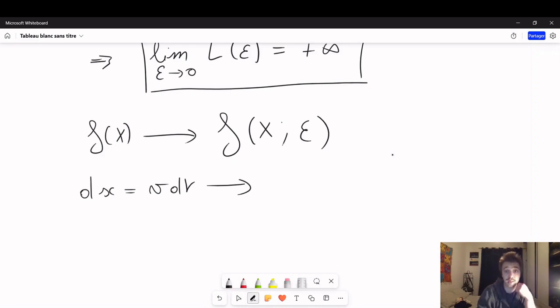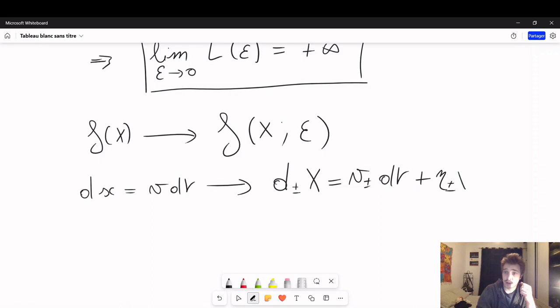This is replaced with the doubled displacement element, d plus minus x equals v plus minus dt, which is the differential part, plus the stochastic variable, d plus minus, square root of 2 D absolute value dt.